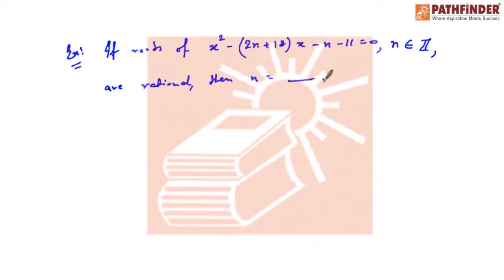This question asks you, if roots of x square minus 2n plus 18 into x minus n minus 11 equal to 0, where n belongs to the set of integers, if these roots are rational, then find the values of n.